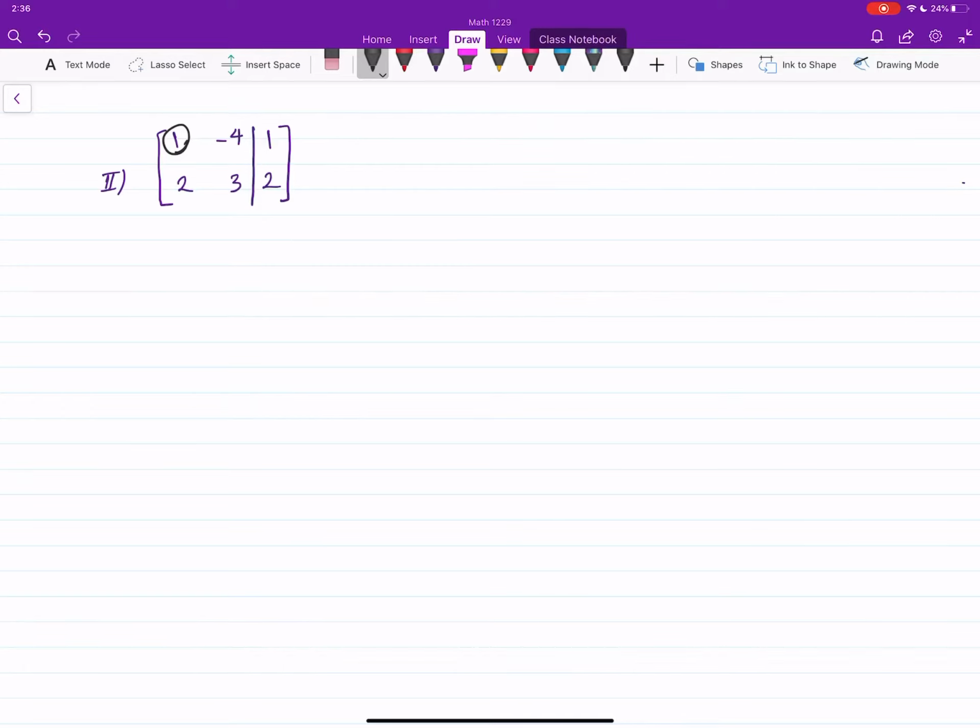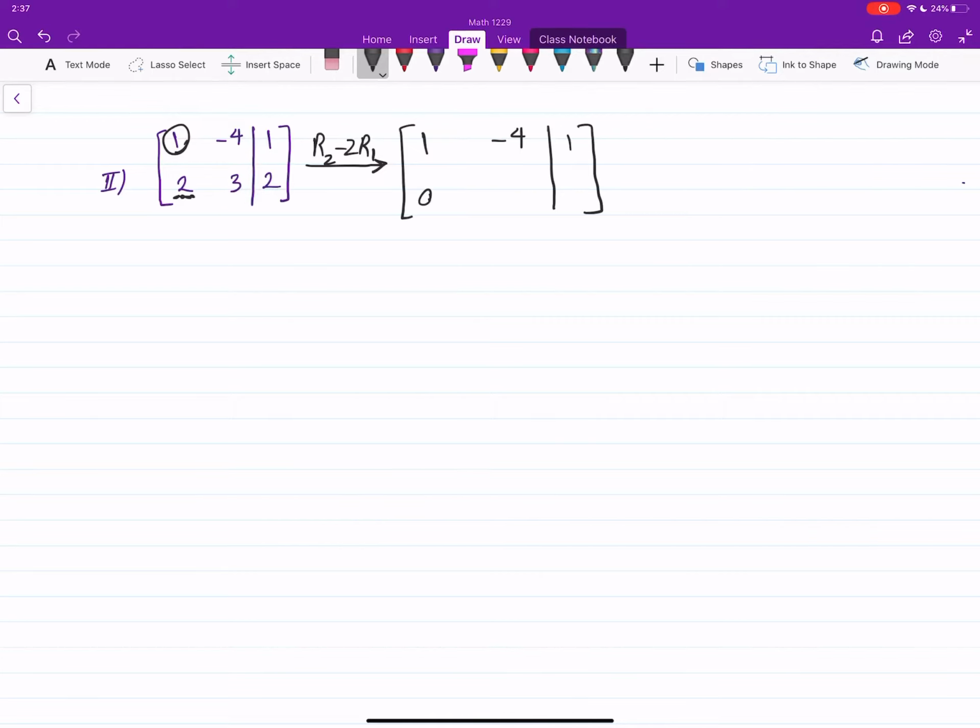So we can go ahead, and negative of this guy here is negative 2 times the row with the leading 1, add to the second row. So 1, negative 4, 1 is here. This will be 2 minus 2 times 1, 0.